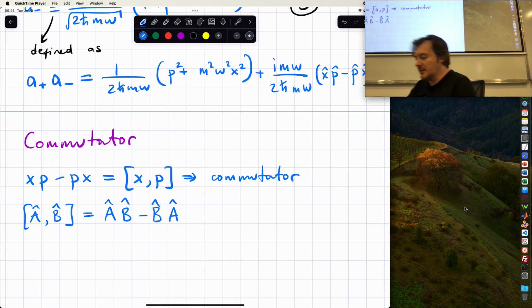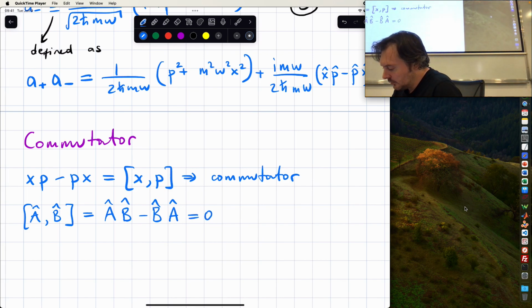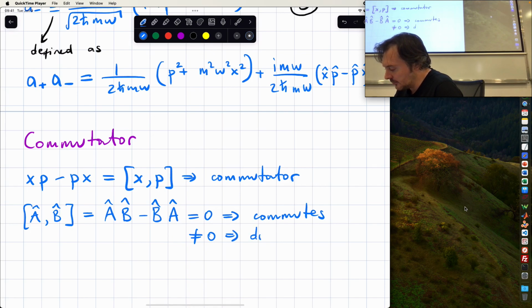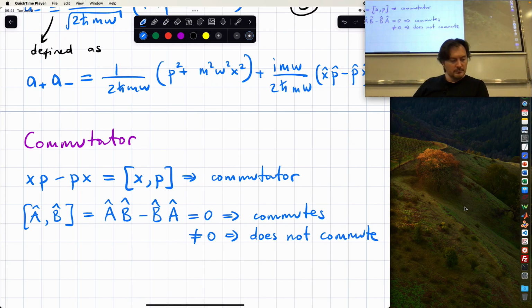When it is 0, we say that A and B commute. When it's not 0, then they do not commute. Okay? Let's actually find this commutator.